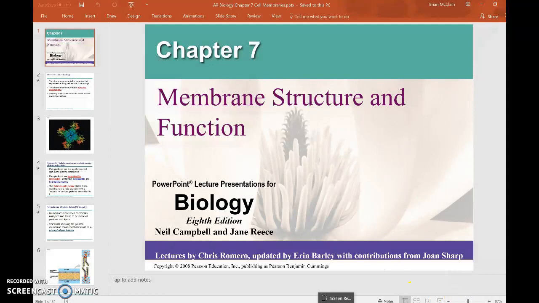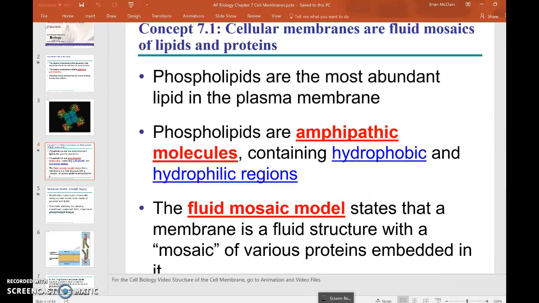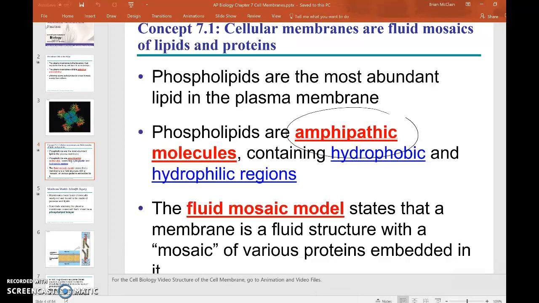And I'm gone. All right, so one of the first concepts we really want to make sure that we understand in Chapter 7 is how the molecules are put together to make up the membrane. When we use this term amphipathic, what that's talking about is the fact that our phospholipids, which are the main molecules of the membrane, are going to have opposing characteristics.